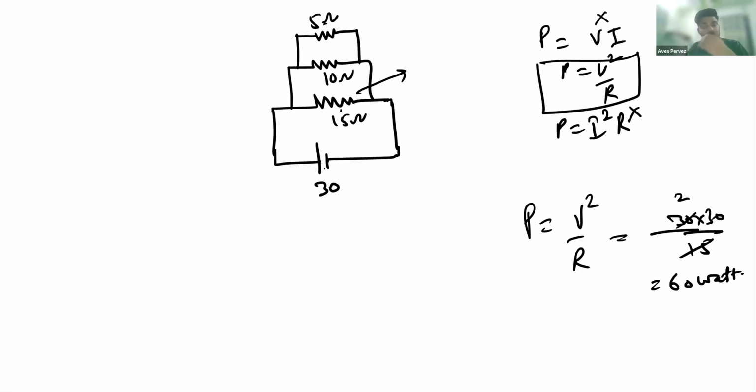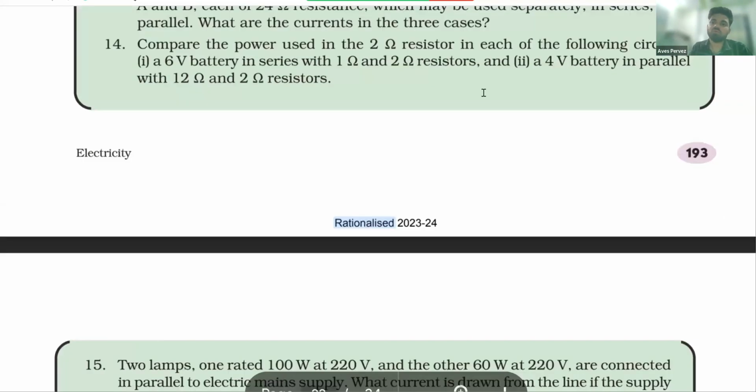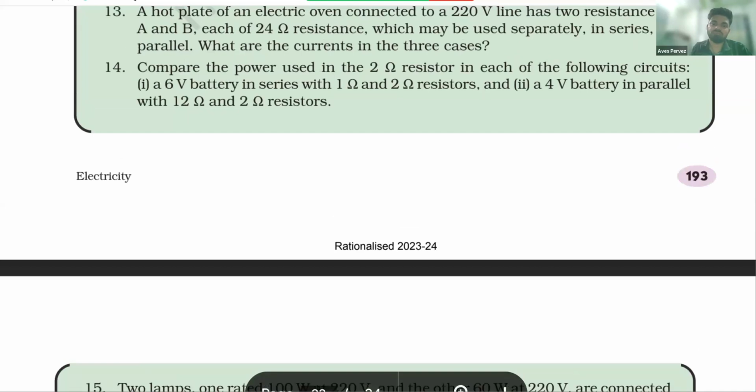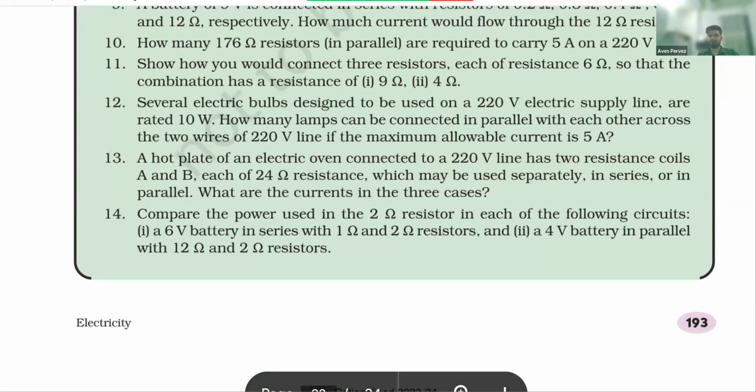Sir, 60 watt will be the power of only the 15 ohm resistor. Yeah, only the 15 ohm resistor only. Okay, do question number 14.